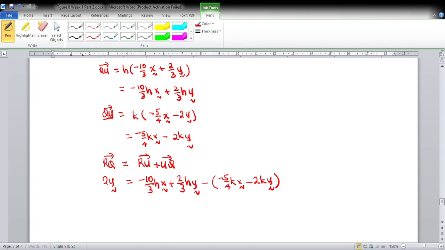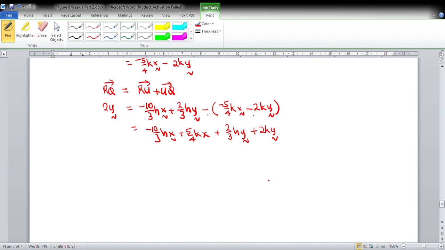So simplifying that, you will get negative 10 over 3hx. I'm putting the x together. So from here, I will get plus 5 over 4kx. And then y. So 2 over 3hy. Negative and negative, I get plus 2ky. Right? So you are going to compare the right hand side and the left hand side, but to make it easy, we simplify first.